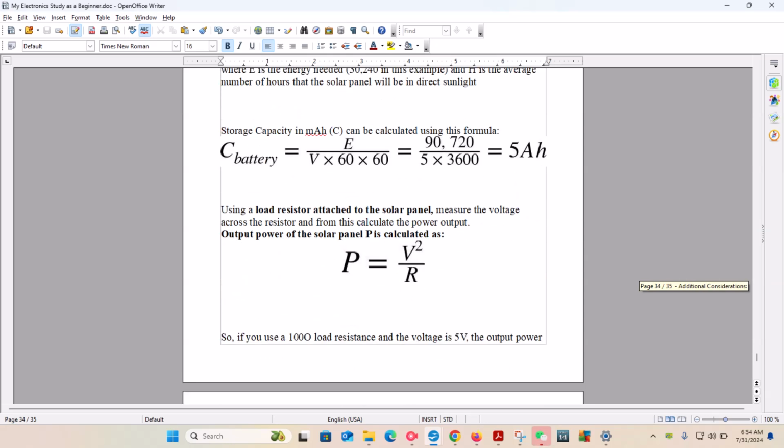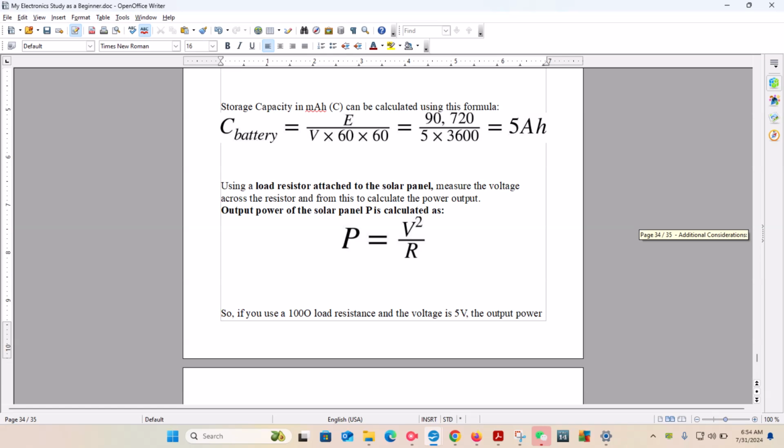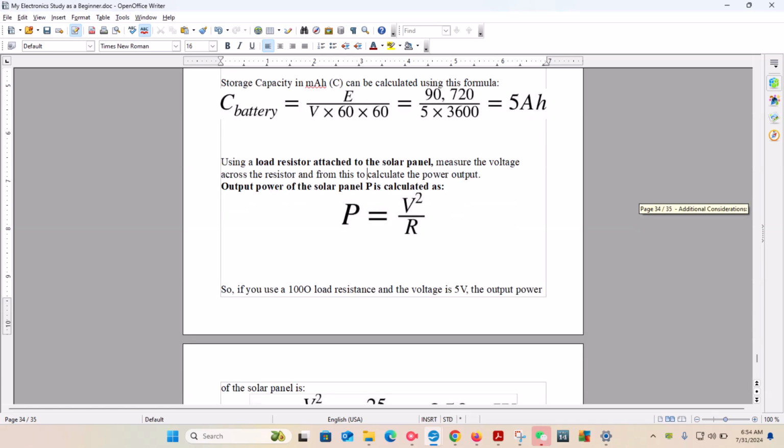Now, using a load resistor attached to the solar panel, measure the voltage across the resistor to calculate power output. Output power from the solar panel P is calculated as power equals voltage squared divided by resistance. Why?